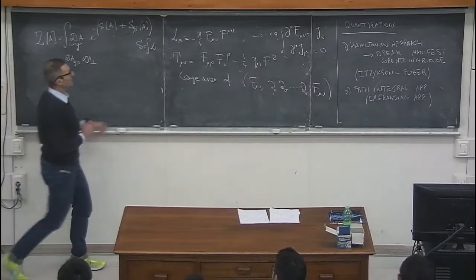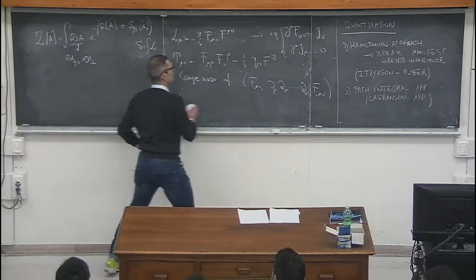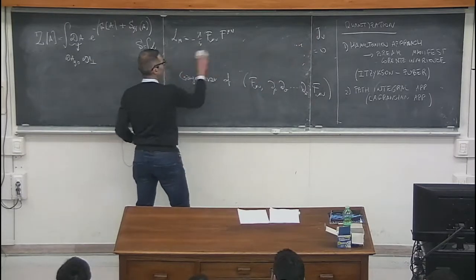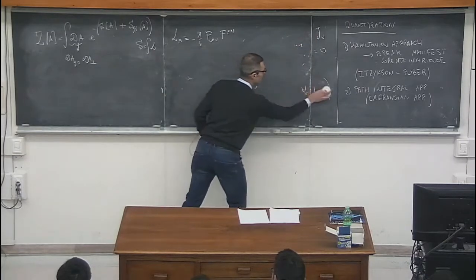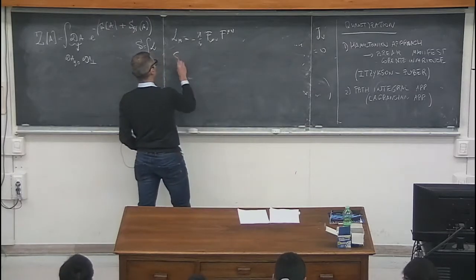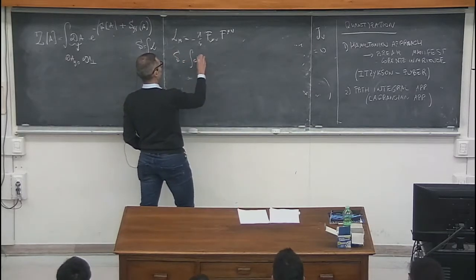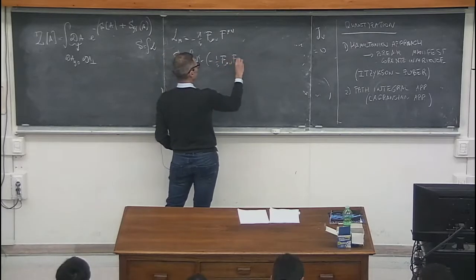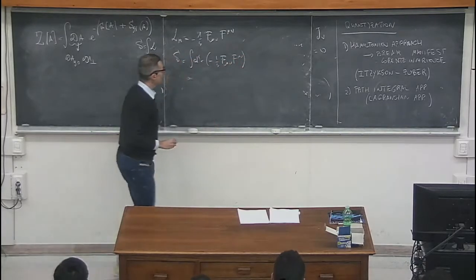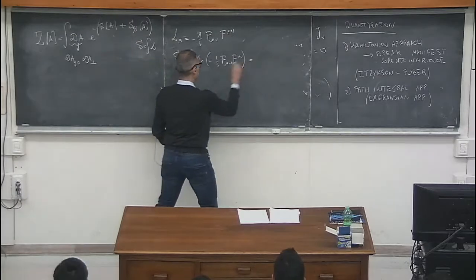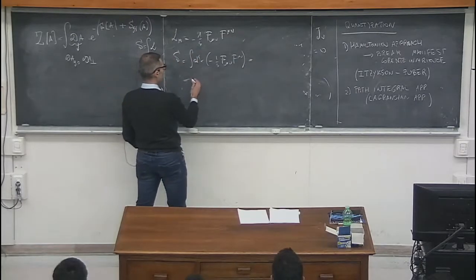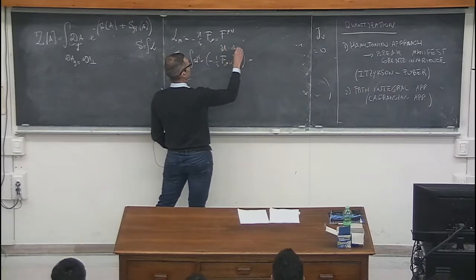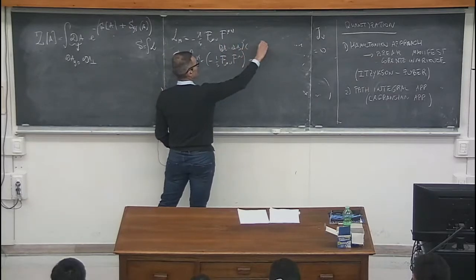So if I write down the action, which is the integral d^4x of minus 1/4 F_{mu nu} F^{mu nu}, I can rewrite this action by doing a partial integration. This is just (d_mu A_nu) minus (d_mu A^mu) squared.